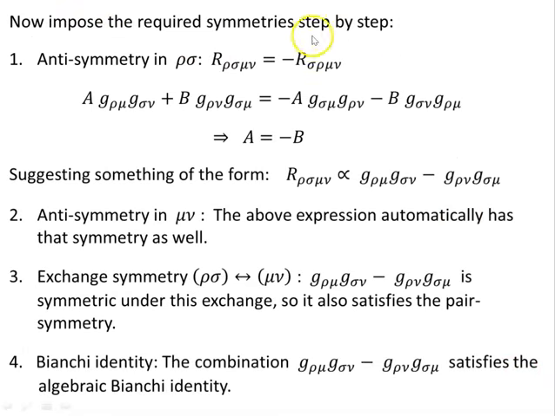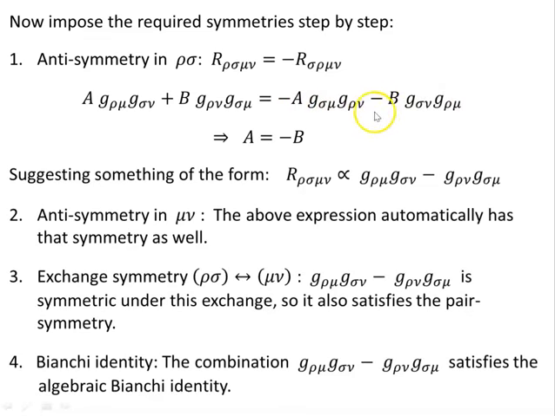So now impose the required symmetry step by step. So the anti-symmetry in ρσ is that. So let's start here with our proposed form of the Riemann tensor for a maximally symmetric n-dimensional space, manifold, and put the minus here in front of these.